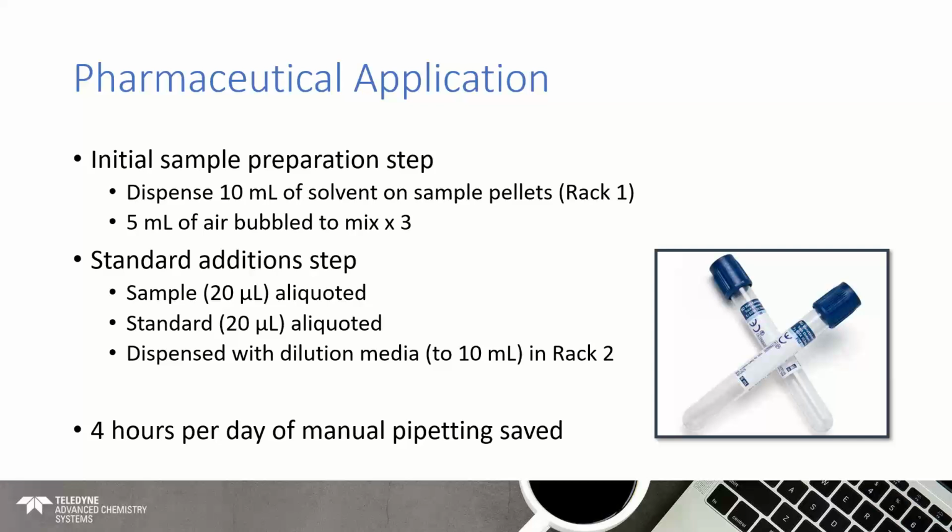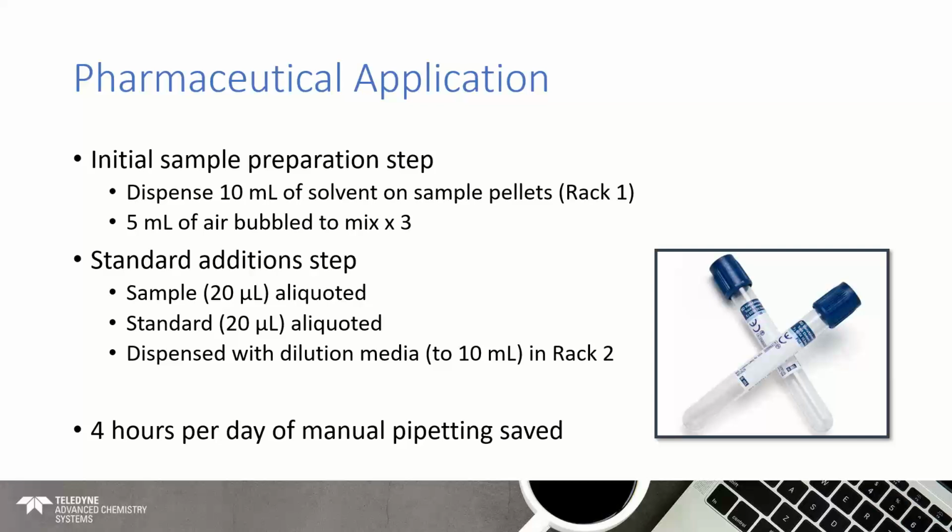Once we've done that, we can then do a dilution. We take 20 microliters of the sample from each sample position, and 20 microliters of a standard spike. We dispense it with dilution media into empty sample tubes in the second rack, and we take it up to 10 mil.